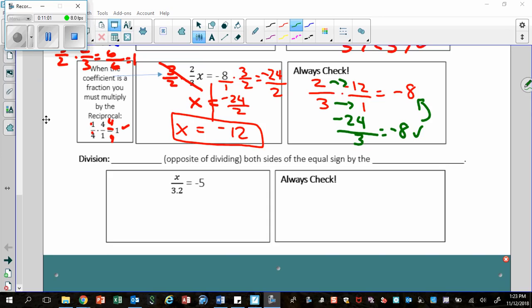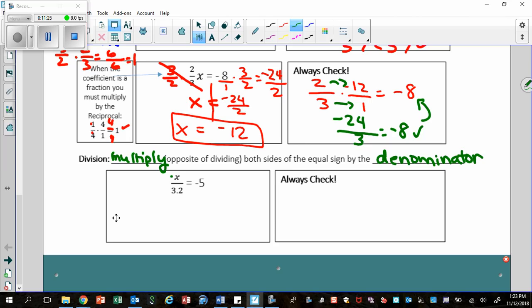And the last one, division. When we see a fraction like x over 3.2, like we have right here, they're dividing. So the opposite of division would be multiplication. So we are going to multiply both sides of the equal sign by the denominator. That's our rule when we see a fraction, when we have x on the top by itself.